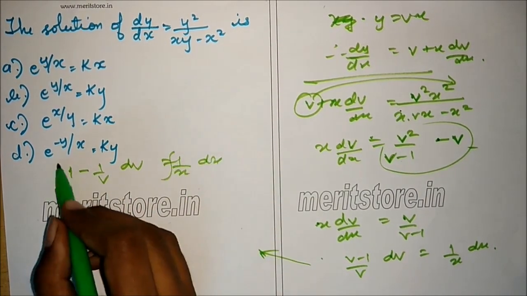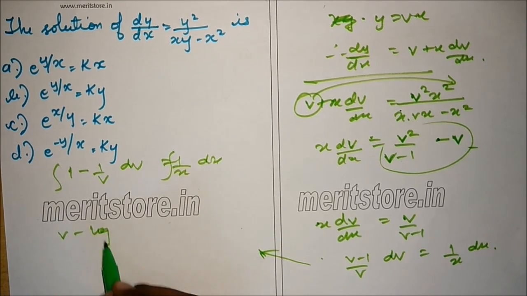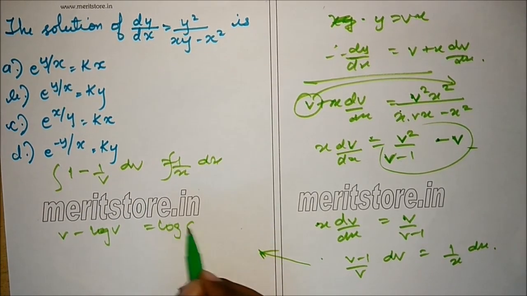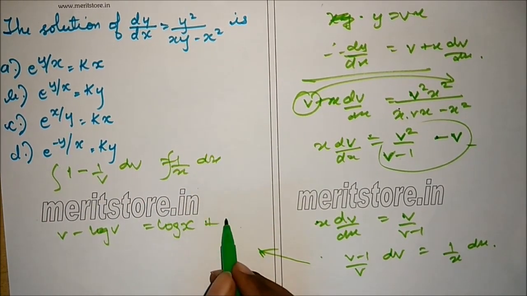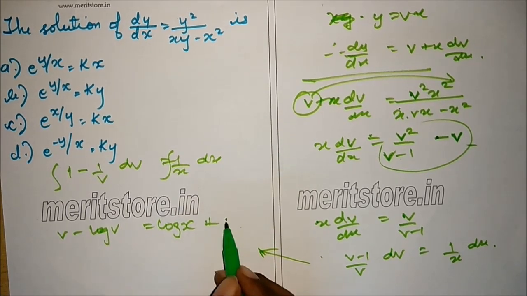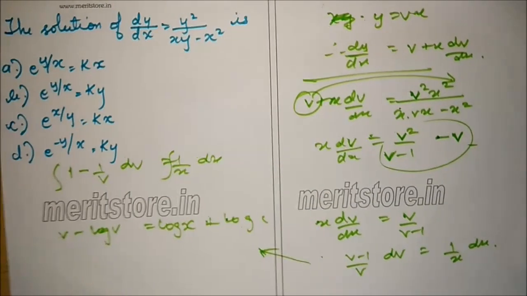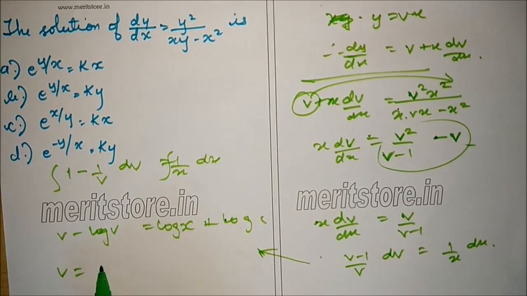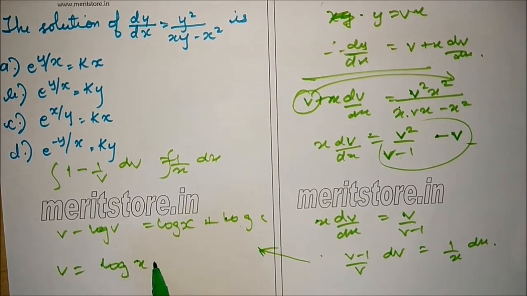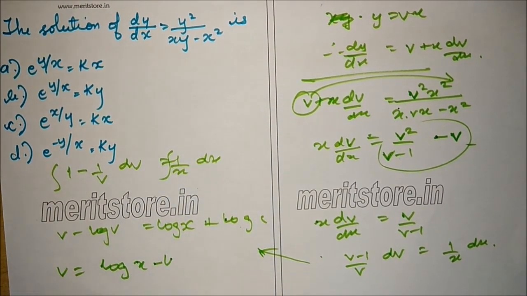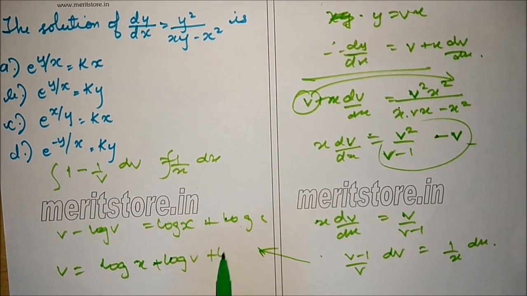So integrating both sides, we get v minus log v is equal to log x plus log c. So v is equal to log x plus log v plus log c.